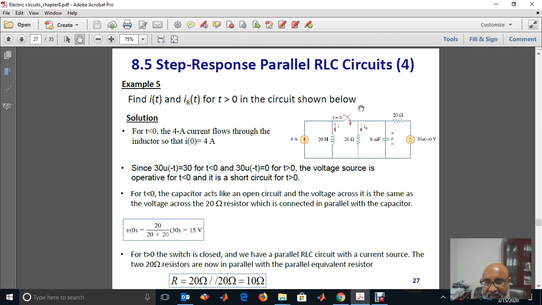Now for t greater than 0, we have the 20 ohm resistor, and because this is short, we have this other 20 ohm resistor. Then we can make the equivalent resistance of two 20 ohm resistors in parallel, which gives us 10 ohm. So it will be a parallel RLC circuit, but the resistance is now 10 ohm.